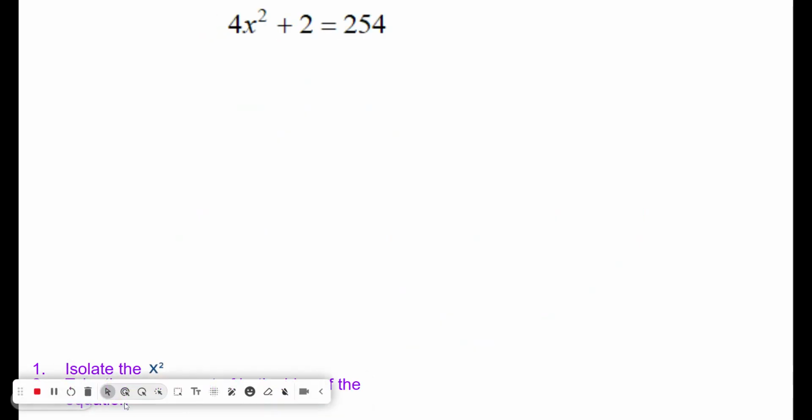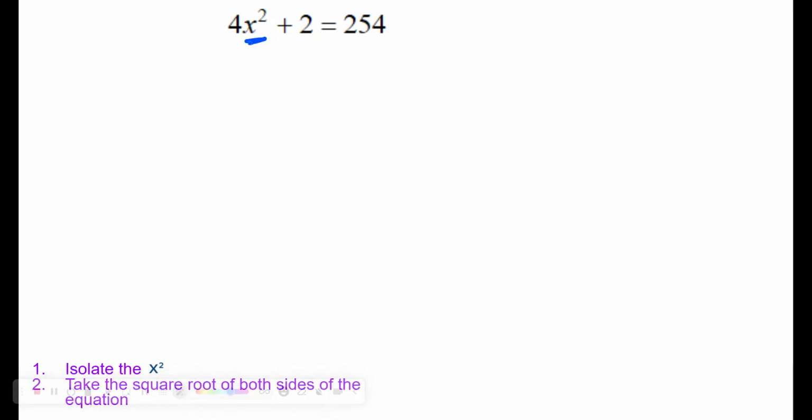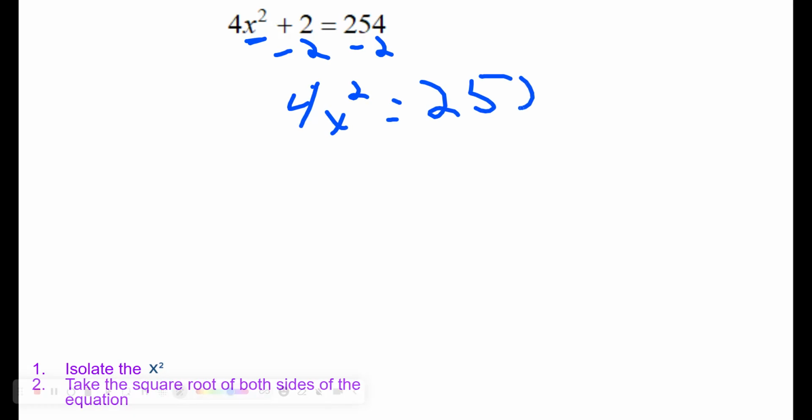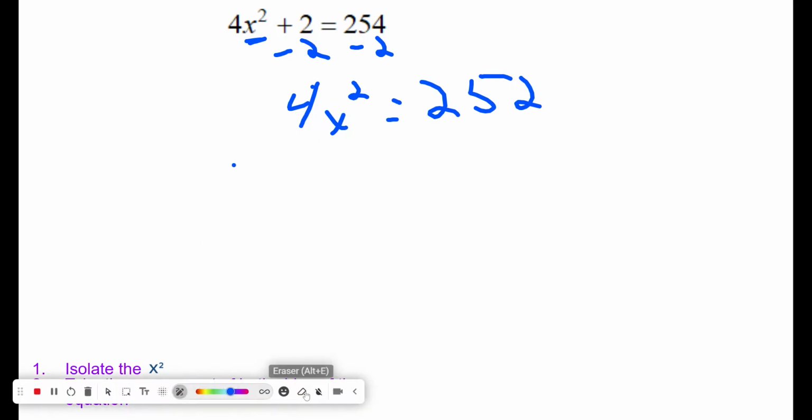Another one here, just like we would with any of our multi-step equations and variables, we want to isolate that x squared. We could divide by 4 at first. That's going to leave us a fraction. What I want to do is get the variable by itself as quick as possible. So 4x squared equals 252. Oh, I did that wrong. Hold, please.